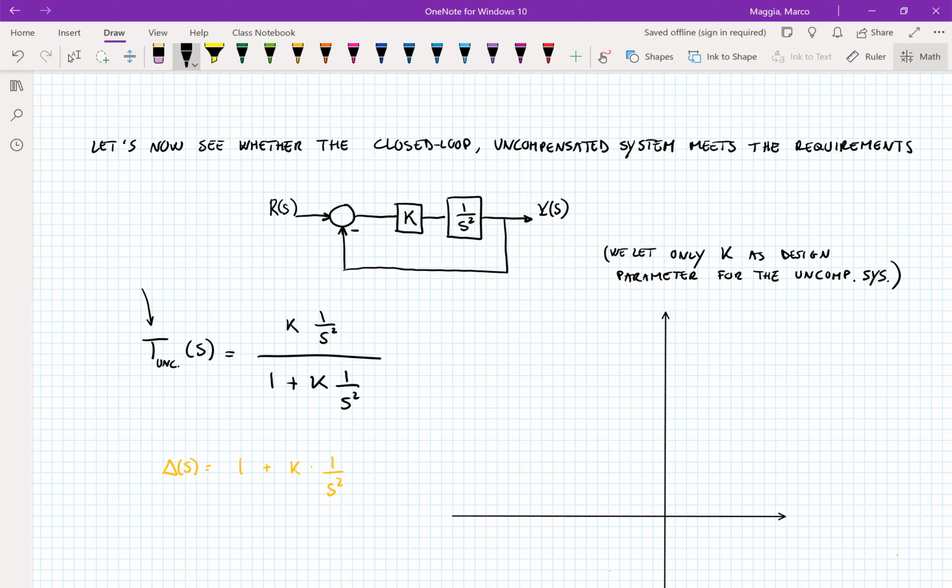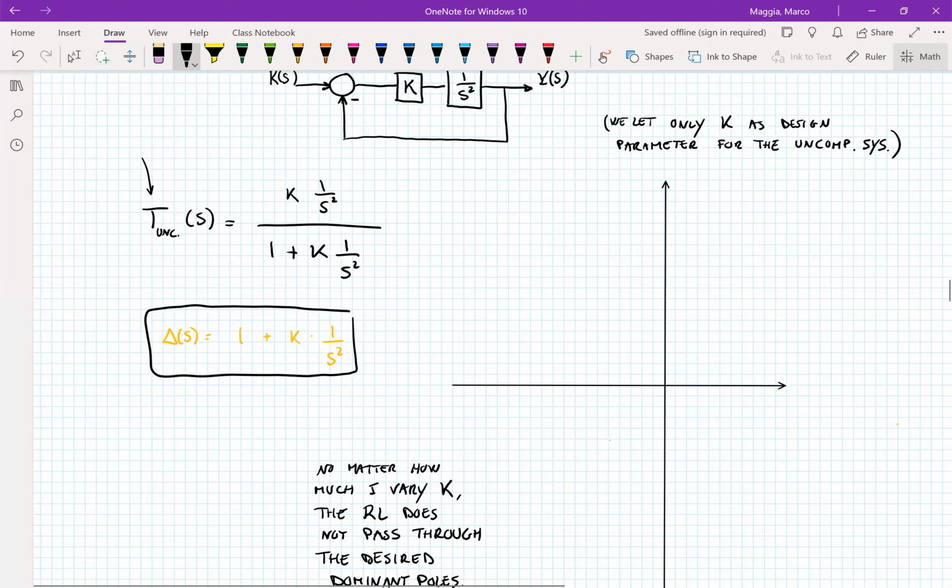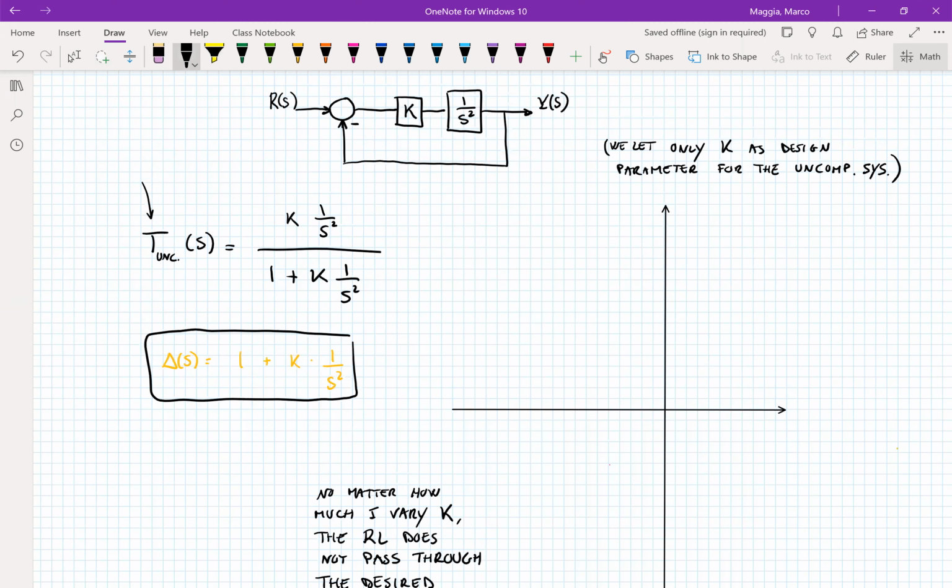Well, you see that the characteristic polynomial is already in the canonical form for the root locus. And this is very easy because our G of s being 1 over s squared has only two open loop poles, both of them at the origin.